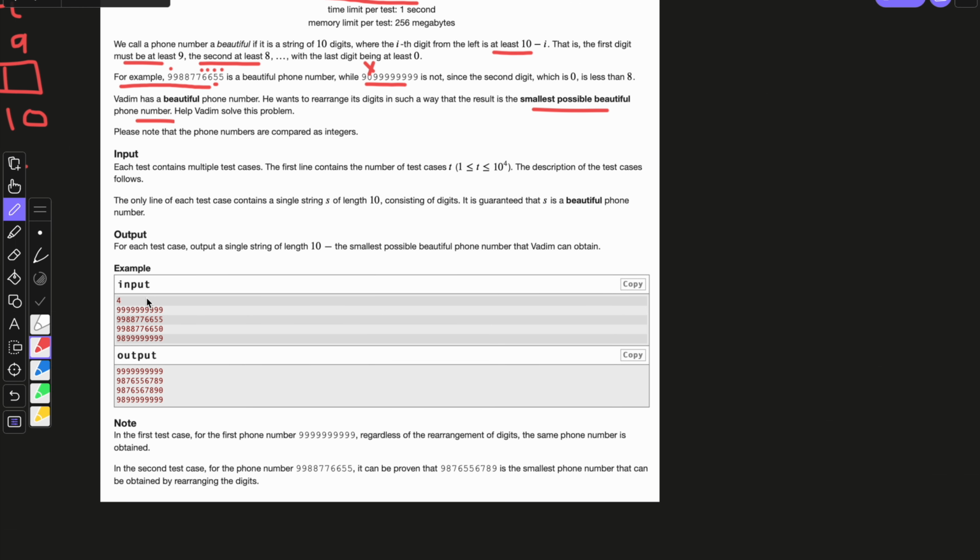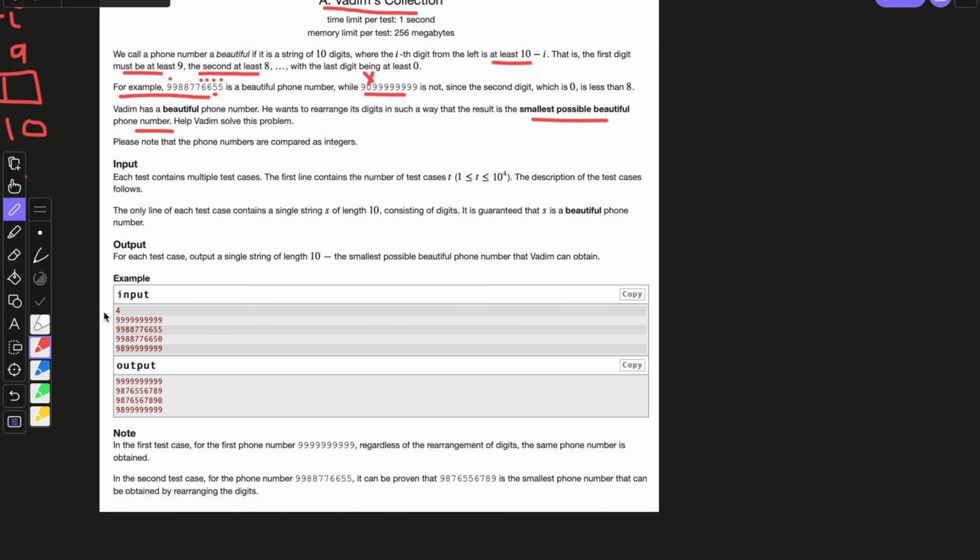The first line gives us the number of test cases, for example here it is 4. The rest of the lines tell the input number which we have to convert to the smallest possible beautiful number.